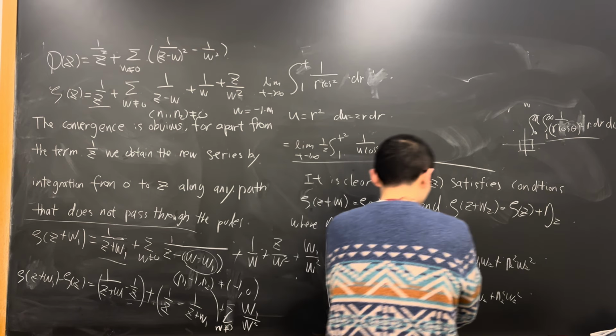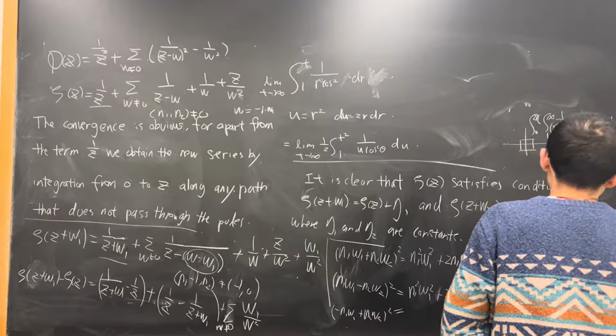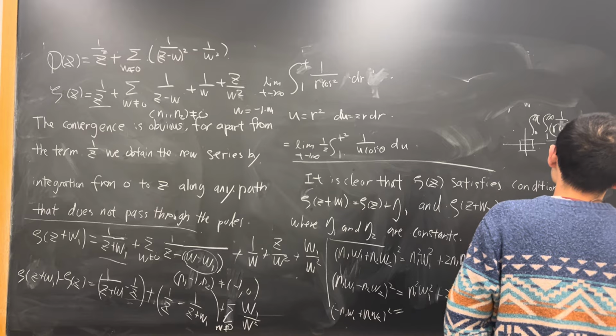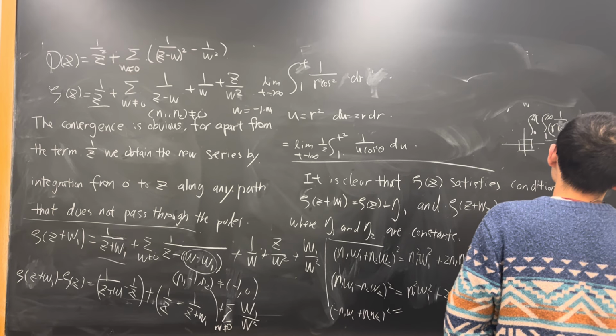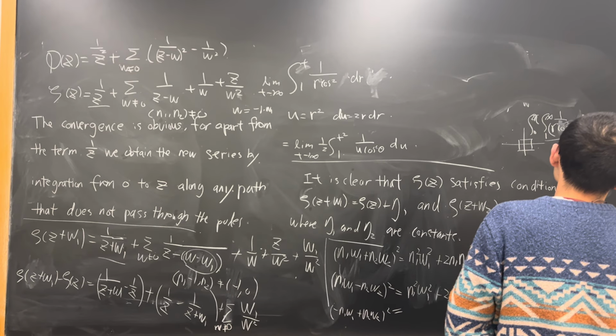Okay, let's see. So, what happens if you take the integral of theta first, and then do the integral over the radius?